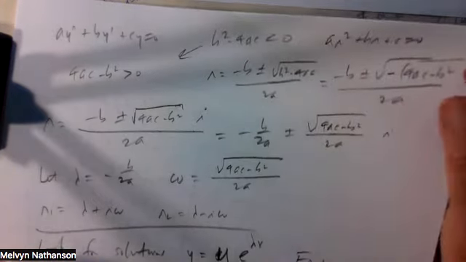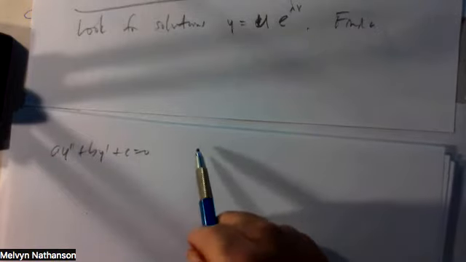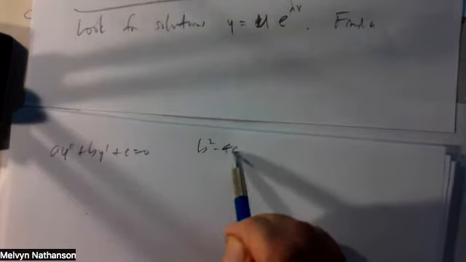So let me just summarize this again, and then we'll continue. I have ay double prime plus by prime plus cy equals 0, and b squared minus 4ac is negative. So 4ac minus b squared is positive. It has a square root because it's positive.